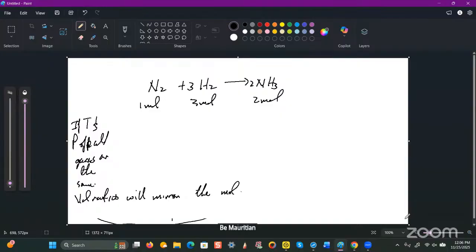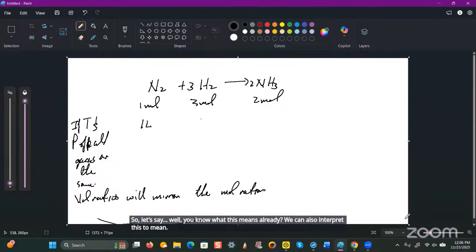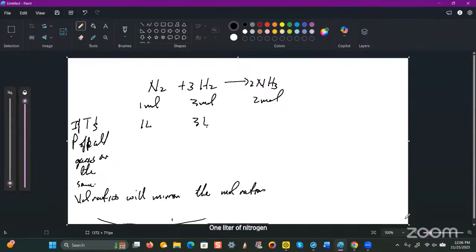So what do I mean by that? Well, we know what this means already. We can also interpret this to mean 1 liter of nitrogen will react with 3 liters of hydrogen to produce 2 liters of ammonia, right?